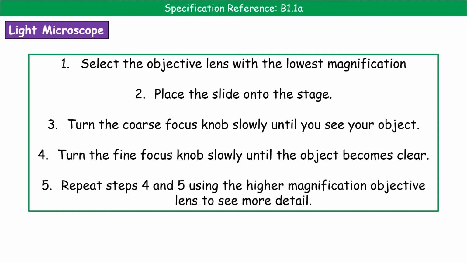What we then do is rotate round the objective lens to the next magnification and then all the way to the highest magnification. You might need to focus it ever so slightly at each of those stages. It is worth remembering that we always move the stage away from the objective lens as we do this.